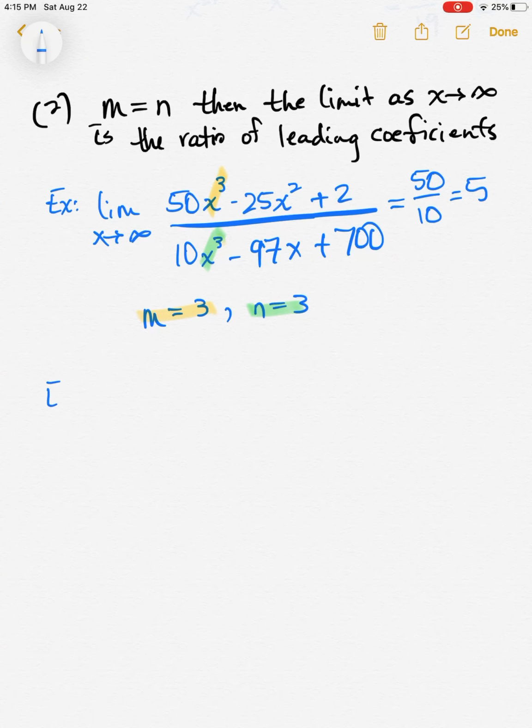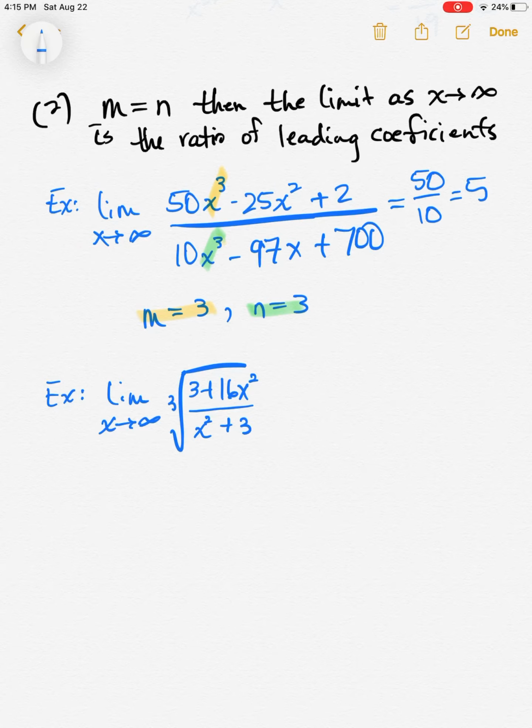Let's say we have the limit as x approaches infinity of the cube root of 3 plus 16x squared over x squared plus 3.